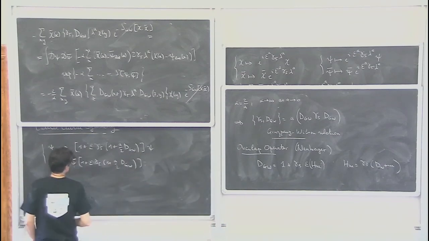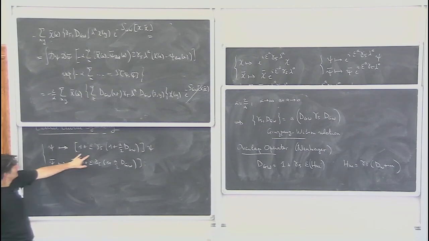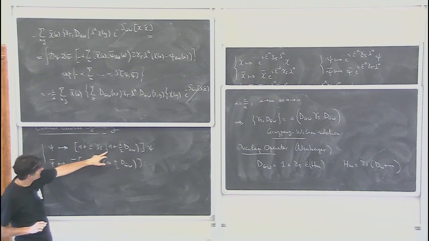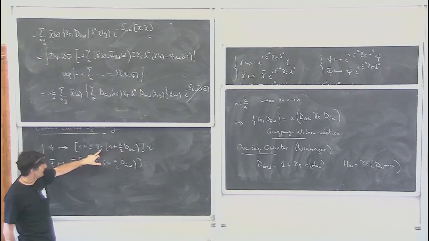Now you see, this is very nice for several reasons, right? So first of all, this is not a chiral transformation, but almost, okay? So you see that if a is exactly equal to 0, this is the usual chiral transformation, okay?